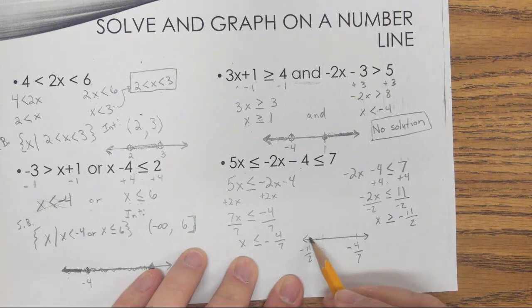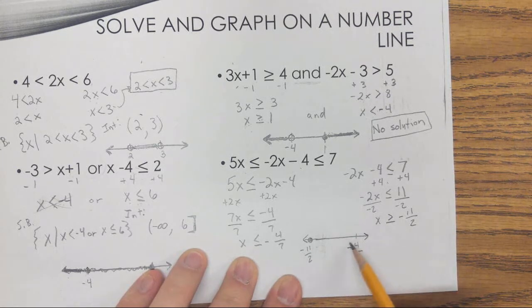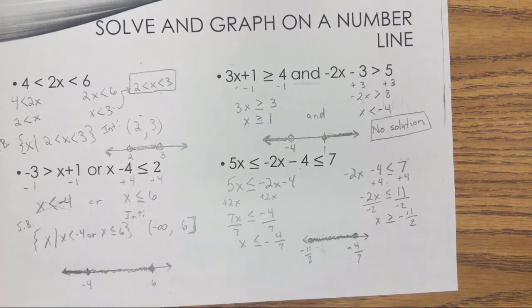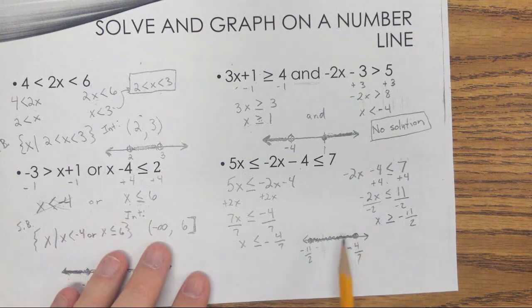We're equal to, so there's our filled in dot going up this way. x is less than or equal to negative 4 over 7. Filled in dot. Everything here in between. Alright, so now we've got a graph, we've got our solutions. Sorry about the confusion there.